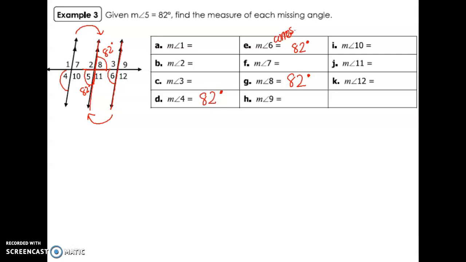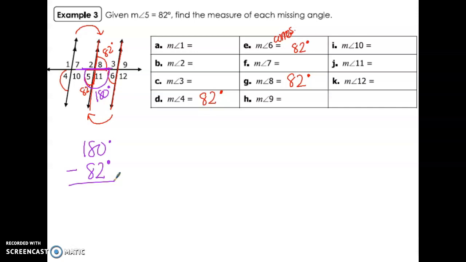I could also say, well, let me find the linear pairs. So for this straight line right here, I could say angle 5 plus angle 11 both have to add up to 180 degrees. And if I know that angle 5 already takes up 82 of those degrees, what's left over has to be what 11 is.